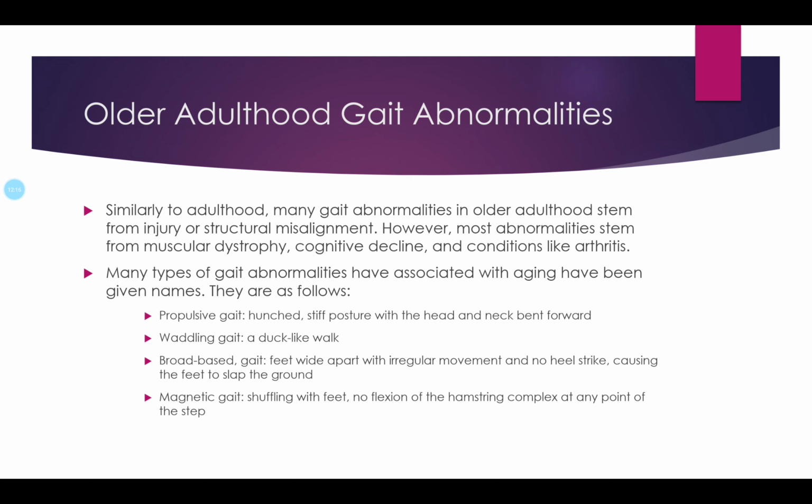Propulsive gait, which is a hunched, stiff posture with the head and neck bent forward. Think of it like hunchback. A waddling gait, which we discussed earlier, that duck-like walk. Broad-based gait, feet wide apart with irregular movement and no heel strike, causing the feet to slap the ground. And then magnetic gait, which is essentially just shuffling the feet. They don't pick up their legs with flexion of the hamstring, really at any point in the step.